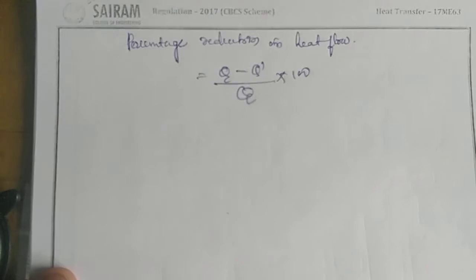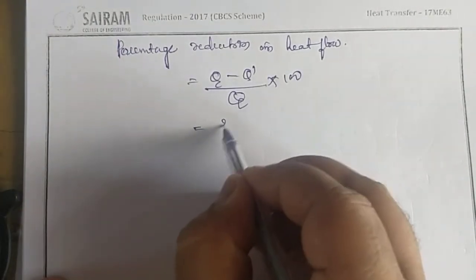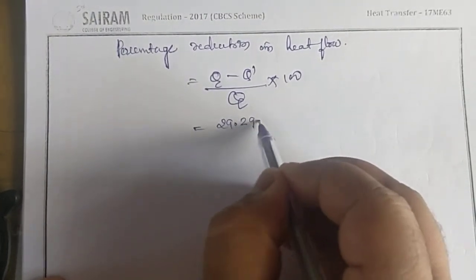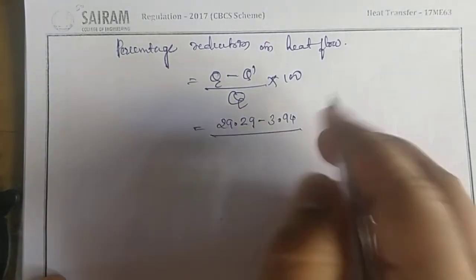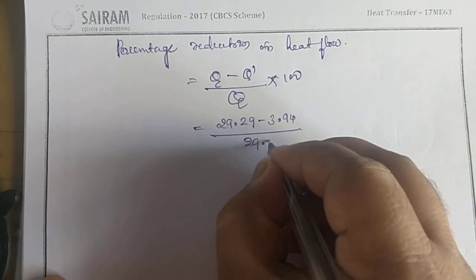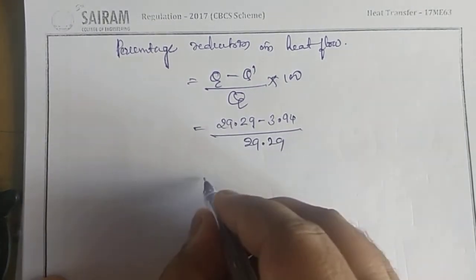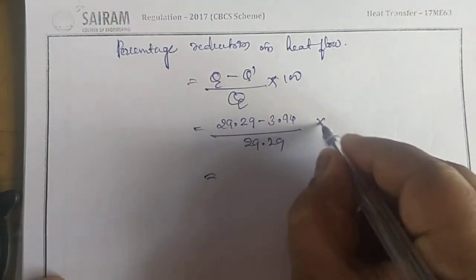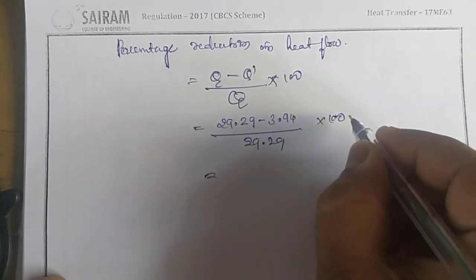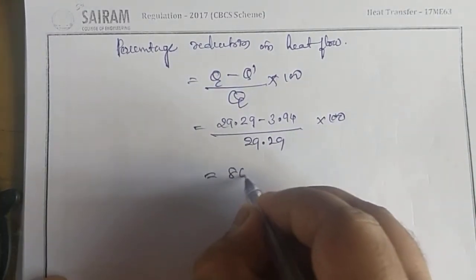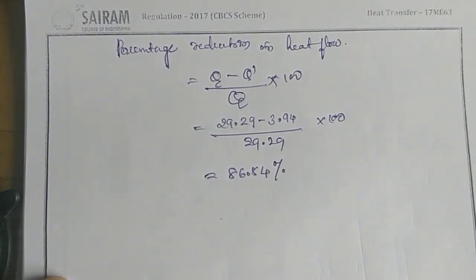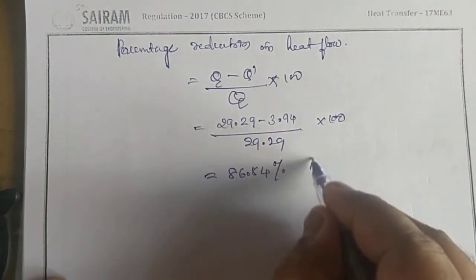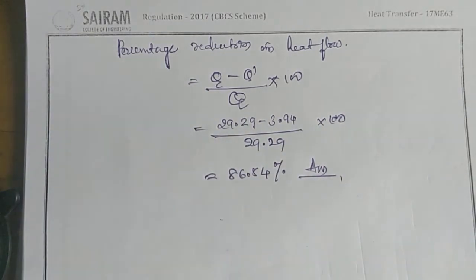So (29.29 minus 3.94) divided by 29.29 is equal to 86.54. So 86.54 percent is the answer for the percentage reduction.